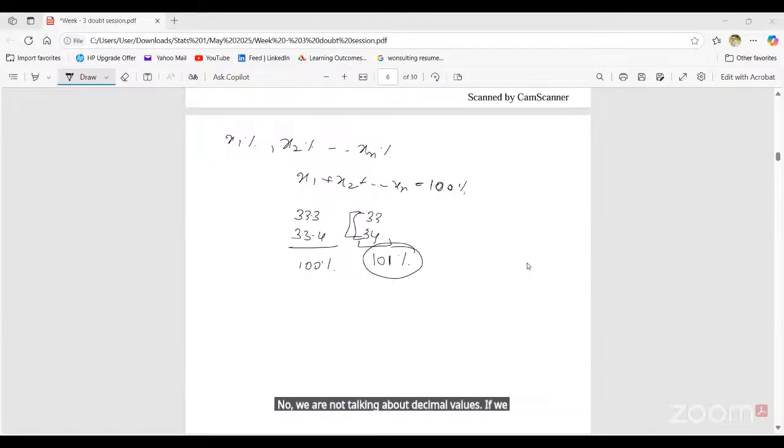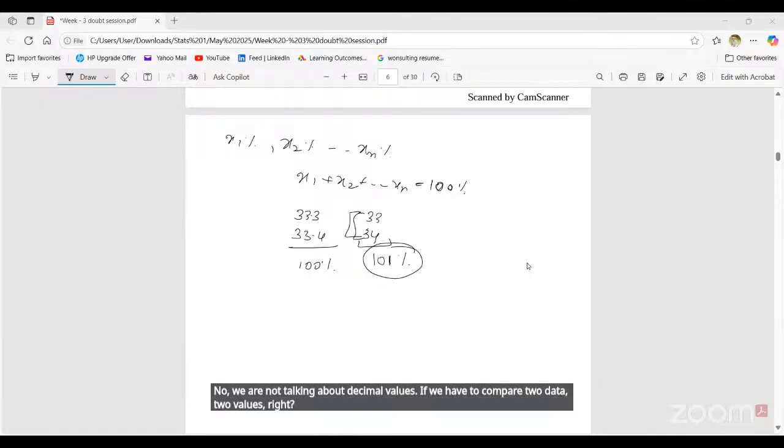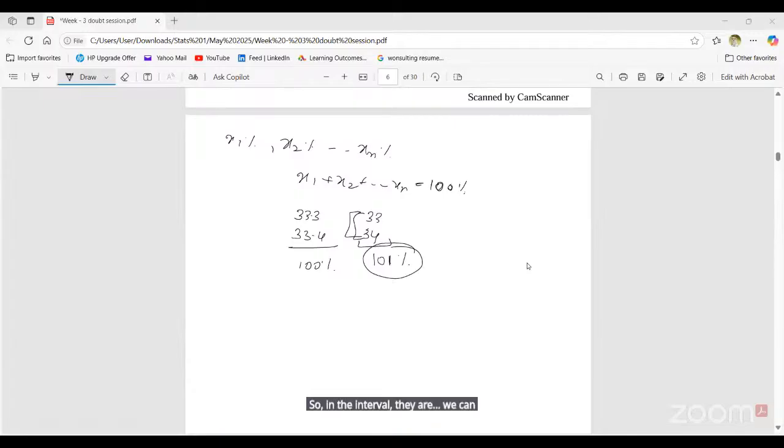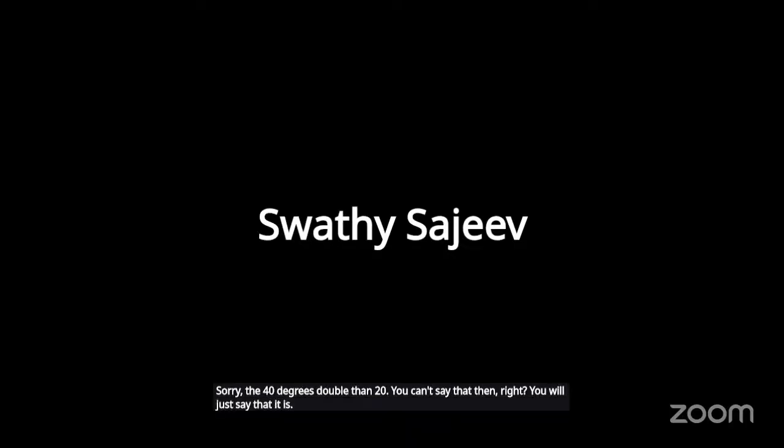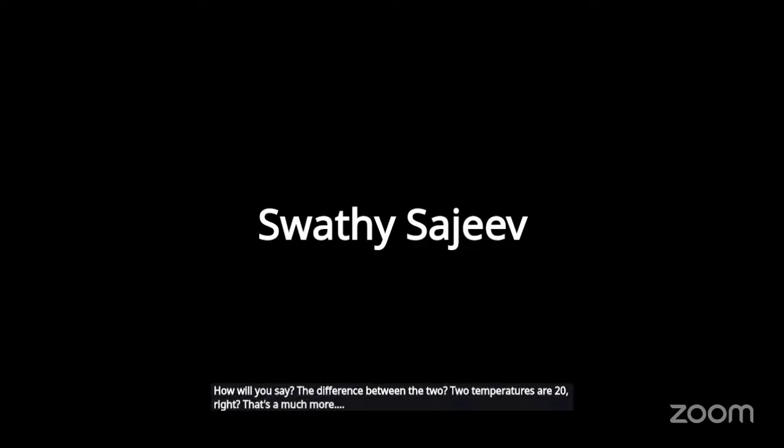If we have to compare two values in an interval scale, like two temperatures, 20 degrees and 40 degrees, you can't say that 40 degrees is double 20. You will just say the difference between the two temperatures is 20, which is a much more sensible way.